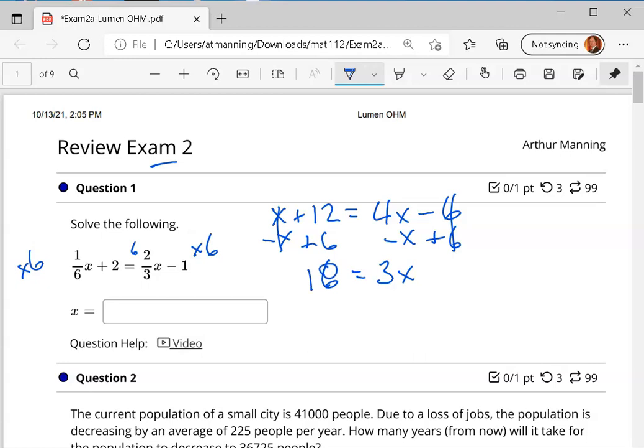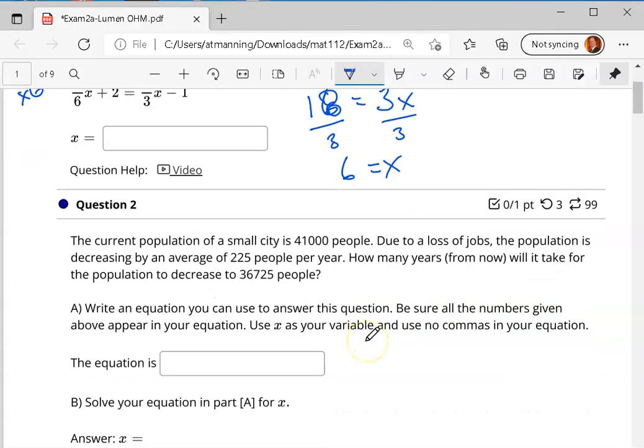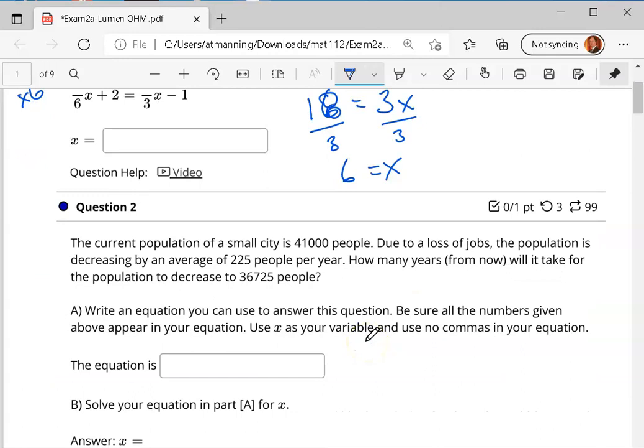And then we divide by 3, we get 6 equals x. I forgot to do the plus 6 there. Wait a minute, how did I get 6 equals 3? It's a plus 6. That's a minus x, gives us 3x. Alright. So 6 would be the answer for that.